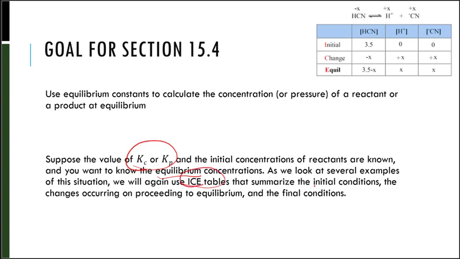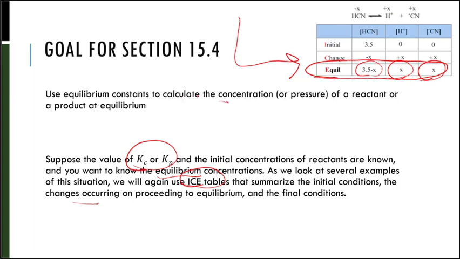We'll summarize the initial conditions, look at the changes that occur, and then using equilibrium values that include a variable, we will plug it into the expression to solve for x, and then take x, figure out what those equilibrium values are. That will allow us to find those equilibrium concentration values.